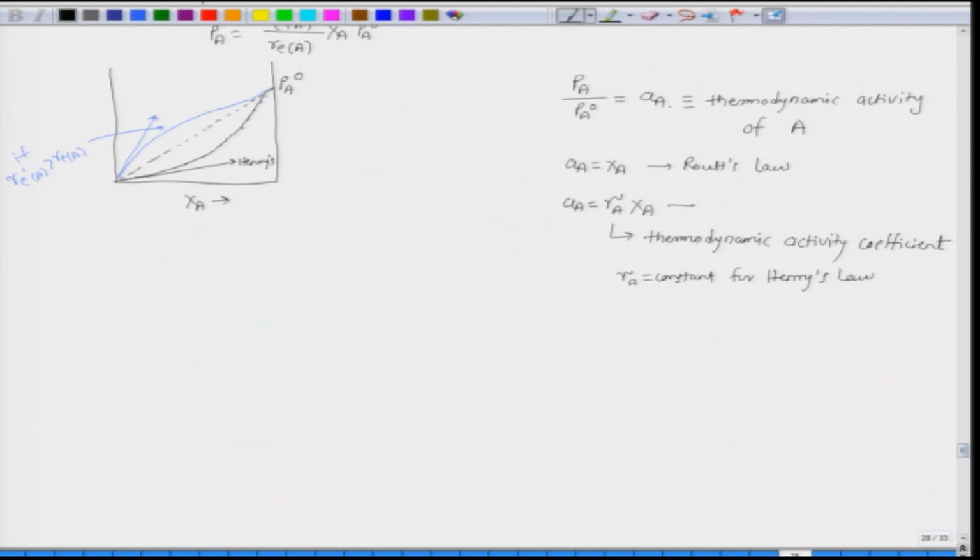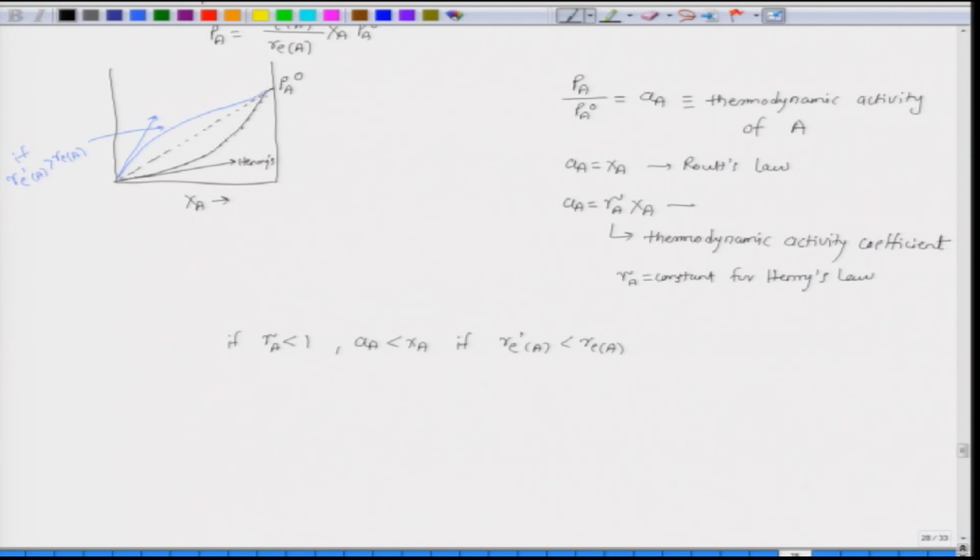Basically, activity is a ratio of the equilibrium partial vapor pressure of A exerted by the solution to the equilibrium vapor pressure exerted by pure A at the given temperature T. And we know if gamma A is less than 1, that means AA is less than XA, and this occurs when RE prime A is less than REA.